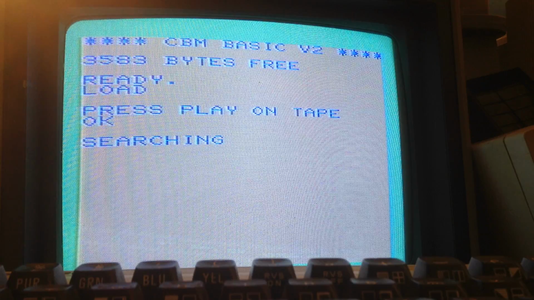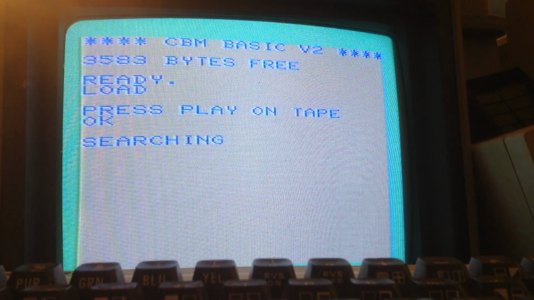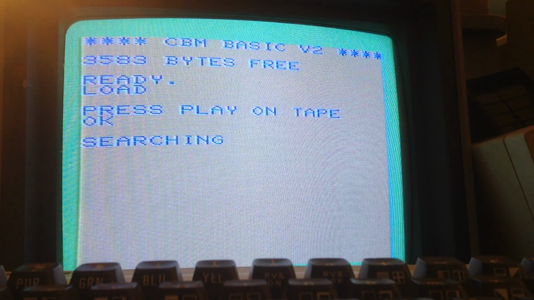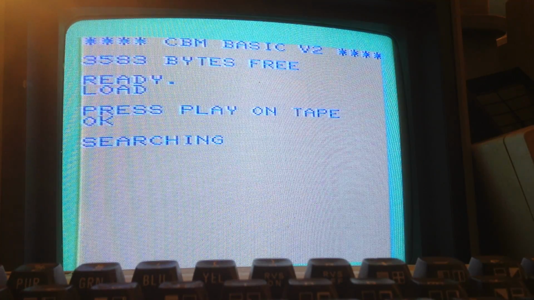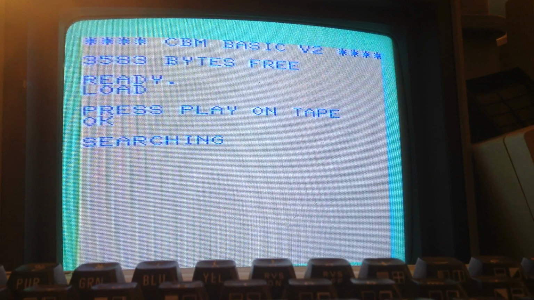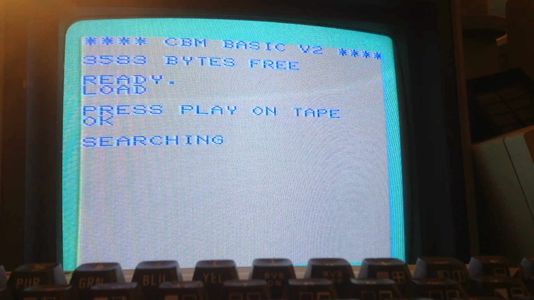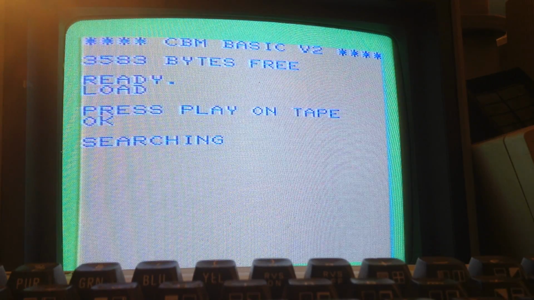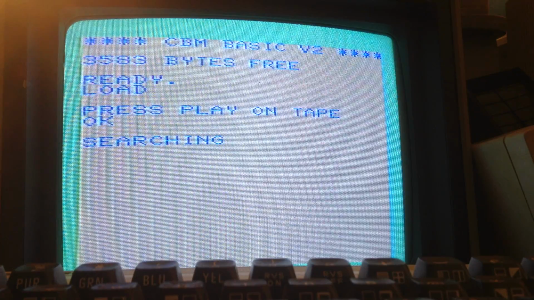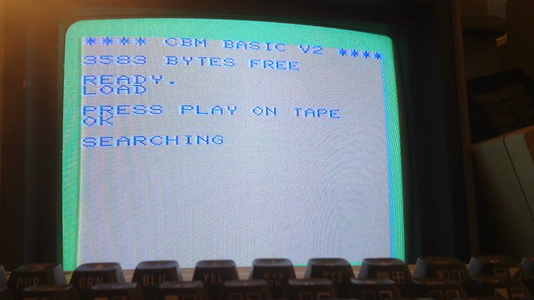But there's two of the joys of working with a data set, whether it be on a PET, a 64, a 128, a VIC-20, a C16, a +4, all those things. They were pretty reliable and mighty slow. So I would like to think that soon something will be found.